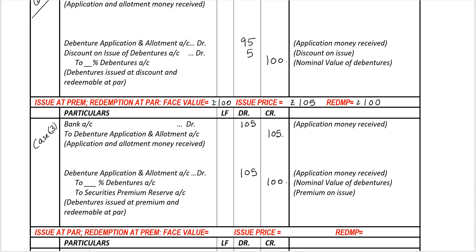So the amount of the premium is 5 rupees. Narration: debentures issued at premium and redeemable at par. Again, the total of the debit in the second entry is 105 and the credit total also amounts to 105.